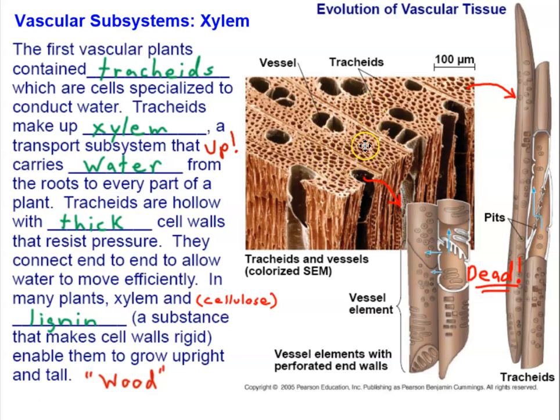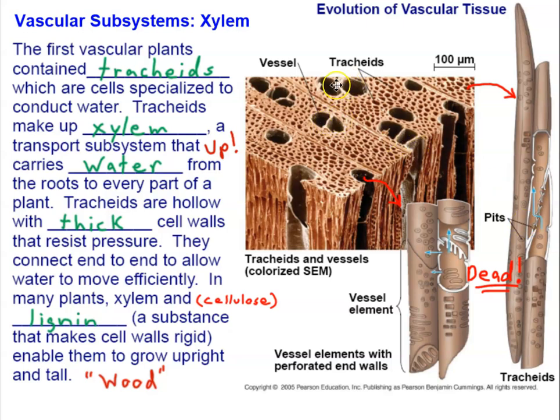And these very smallest tubes here are known as tracheids. Okay, and so we're zooming in on the smallest little holes here in the cross section. And these tracheids were the first to evolve. But then later, larger vessels evolved.